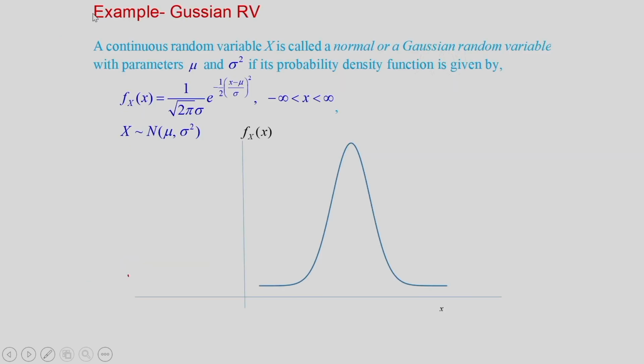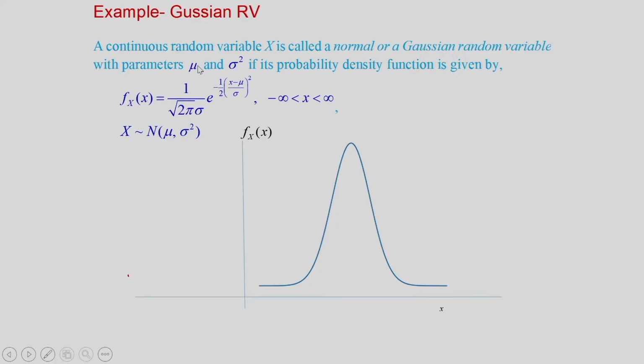We will give an example, Gaussian random variable or normal random variable. This random variable is the most important continuous random variable, and it is described by two parameters, mu and sigma square, and the PDF is given by this expression.